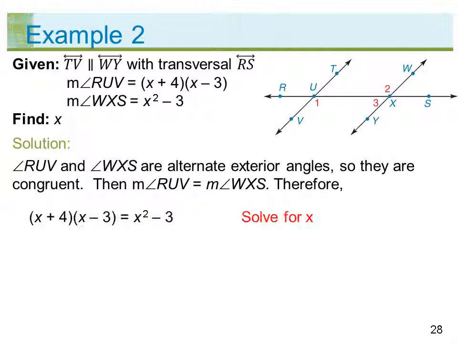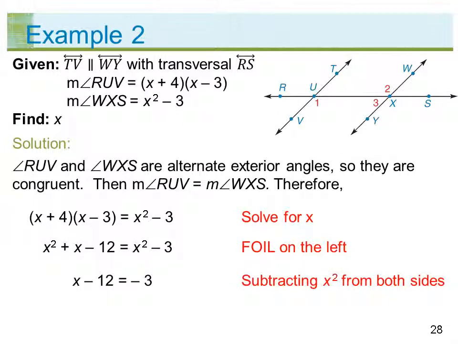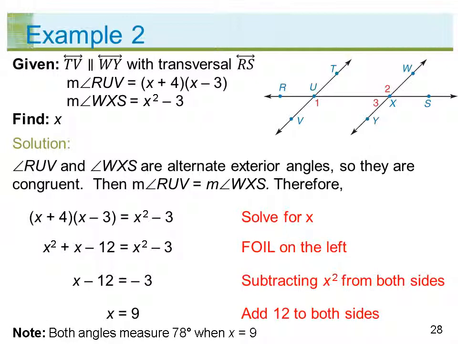Therefore, the quantity x plus 4 times the quantity x minus 3 equals x squared minus 3. Solve for x. x squared plus x minus 12 equals x squared minus 3. FOIL on the left. Subtracting x squared from both sides, x minus 12 equals negative 3. Add 12 to both sides. x equals 9. Note, both angles measure 78 degrees when x equals 9.